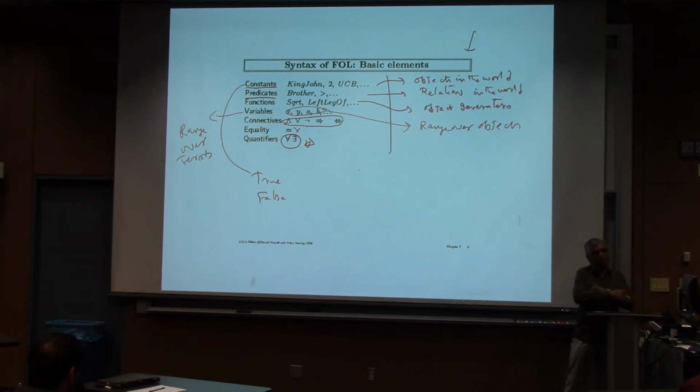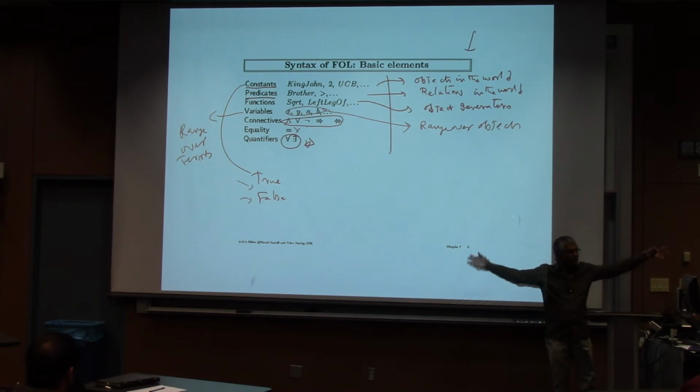False is a symbol which will hold in no world. Okay, you can think of true and false as, in the next slide we'll talk about atomic sentences. True and false are actually atomic sentences too. They're specialized atomic sentences. But that's different from the truth and falsity value of a generalized statement. Okay?